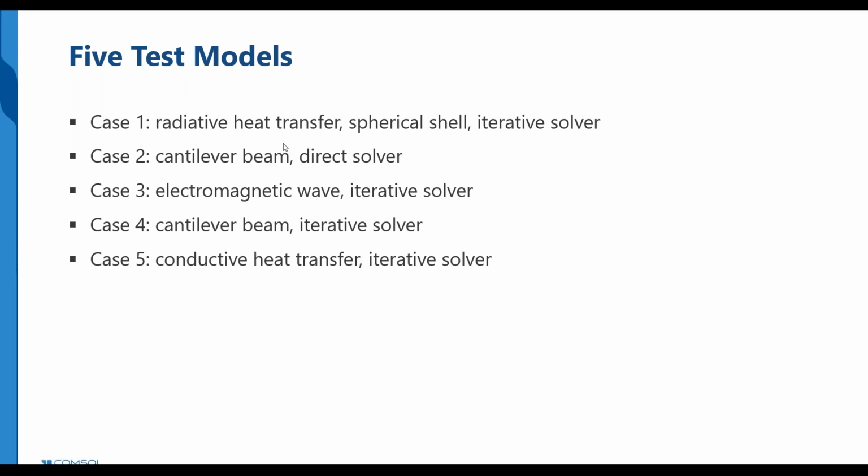Case 1 and 5 are both modeling heat transfer, and they're both using an efficient iterative solver. In spite of that, they behave fundamentally different when it comes to memory requirement. And the difference is that case 1 is modeling radiation, heat radiation effects.